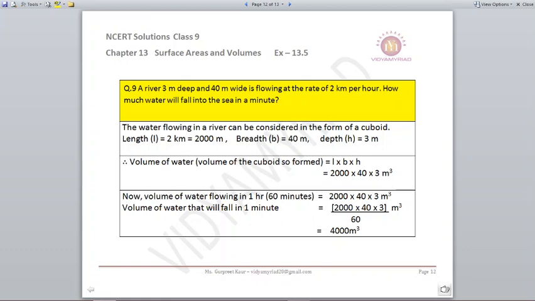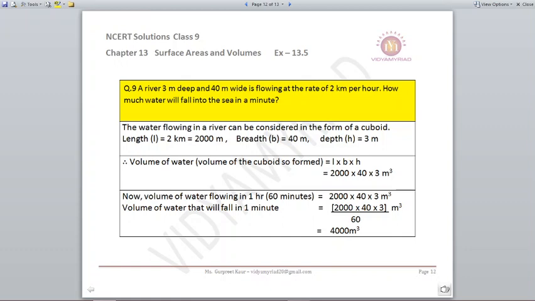So we can consider that distance or length as 2 kilometers, which is 2000 meters. Since others are in meters, we have converted it into meters. Your breadth is given to us as 40 meters, and the height or the depth is 3 meters. So we can find out the volume of water over here, that is length into breadth into height, which is equal to 2000 into 40 into 3 meter cube.